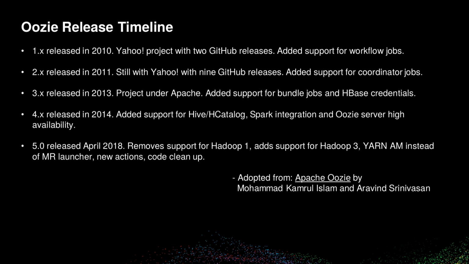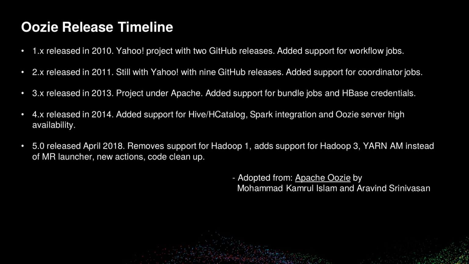5.0. Yesterday there was an Apache blog post on the release of 5.0. It was released a week ago. Huge change from the previous releases, right? There was a tweet a couple of weeks ago still referencing all the gaps in Oozie, saying it's slow, it's hard to use. I think we addressed most of those complaints in this release, and I'll talk in detail about what those features are.